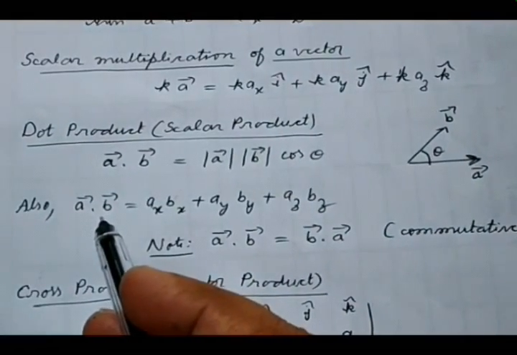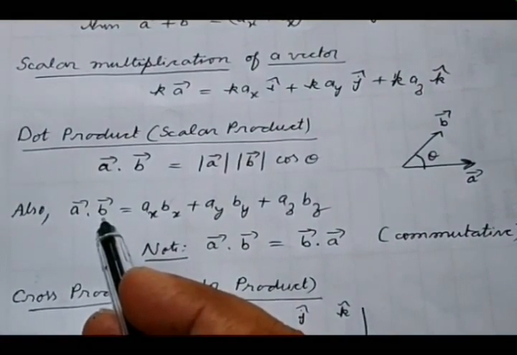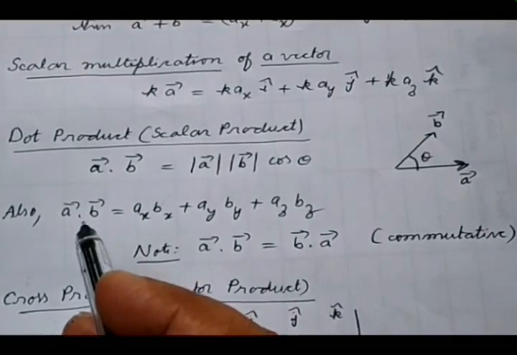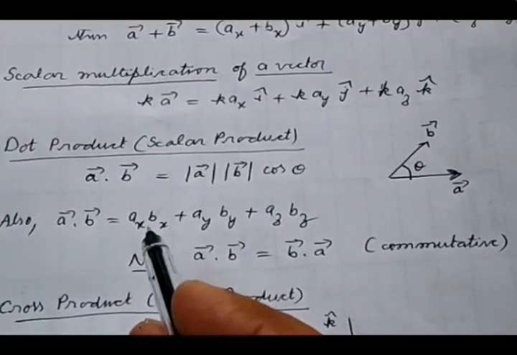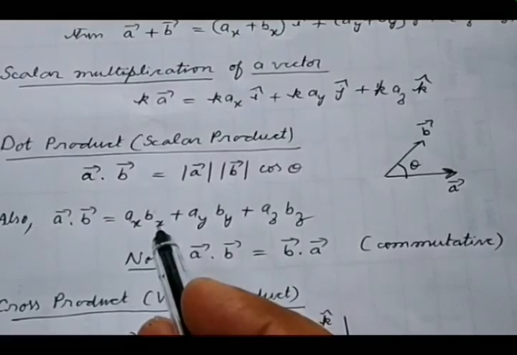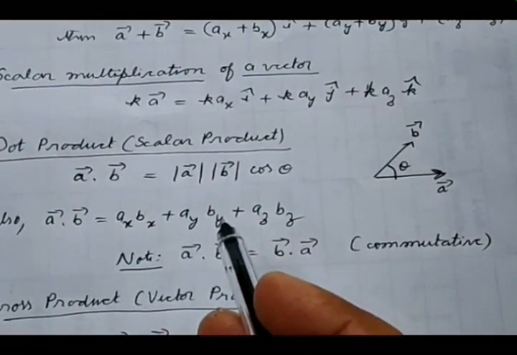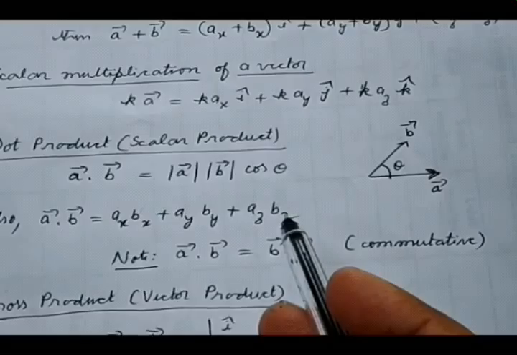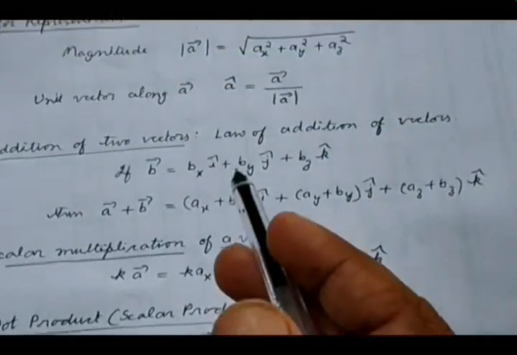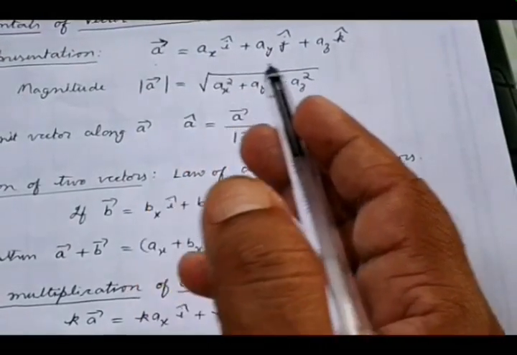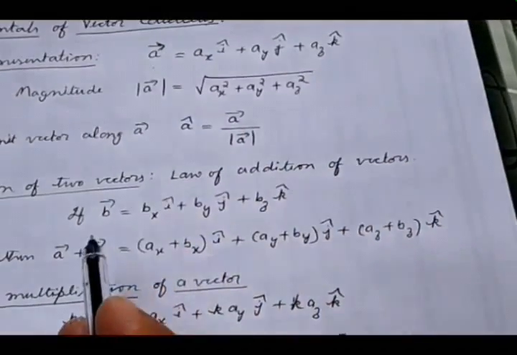Algebraically, or using the Cartesian coordinate representation, you can write A bar dot B bar as AX BX plus AY BY plus AZ BZ. So I have the two vectors, A bar represented like this and B bar represented like this.